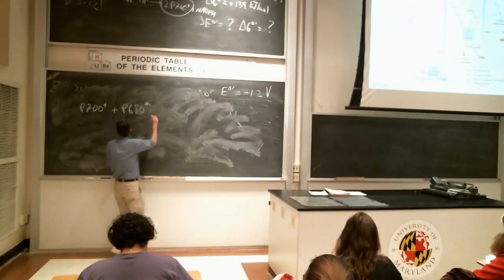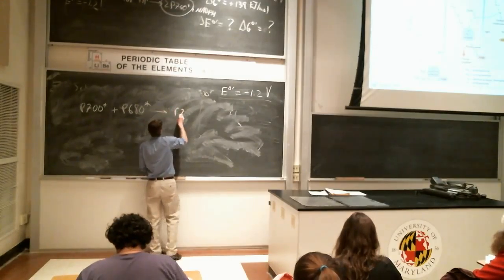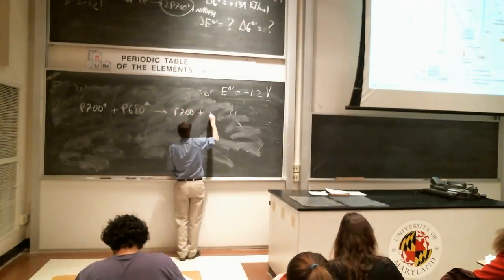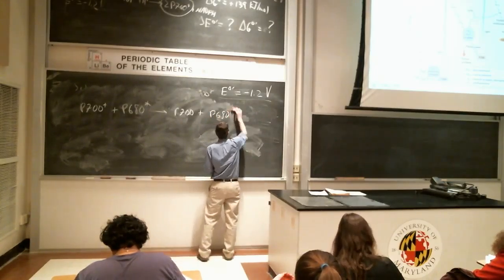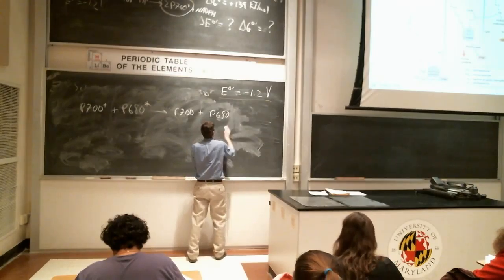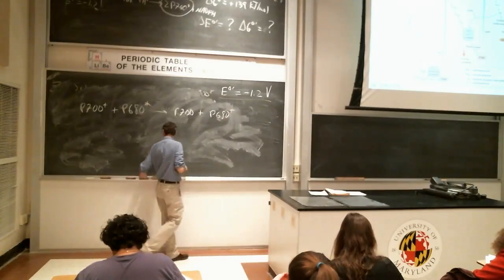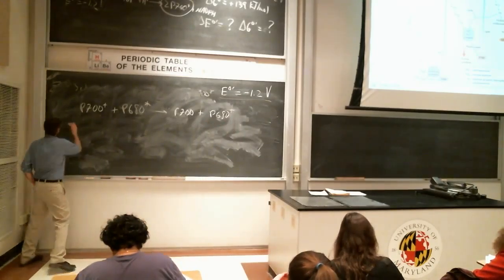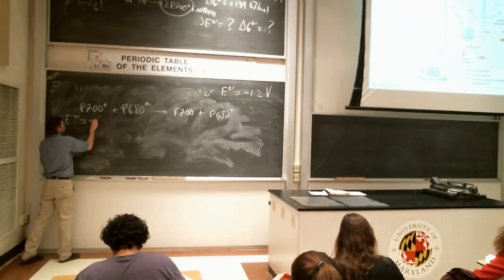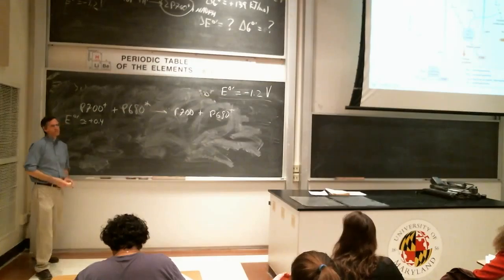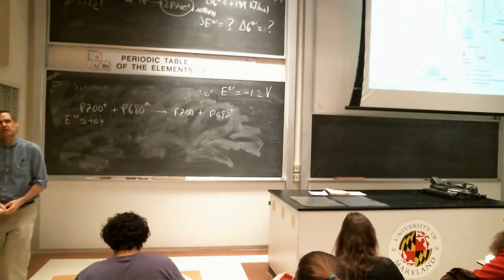So P700 plus is going to be reduced, and the P680 is going to end up in the oxidized form, P680 plus. The reduction potential of P700 plus is about plus 0.4. So it's a moderately strong oxidizing agent, I think.